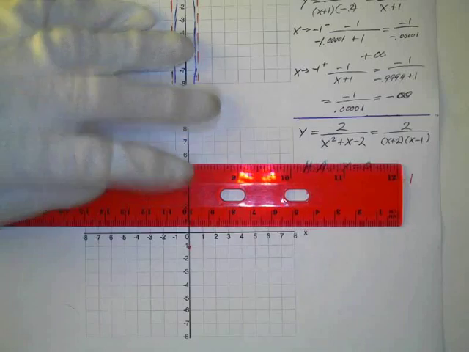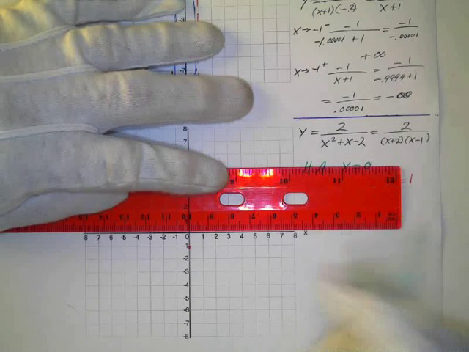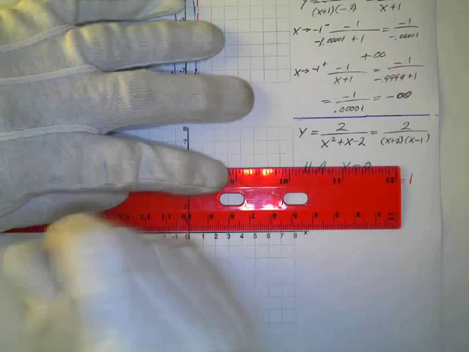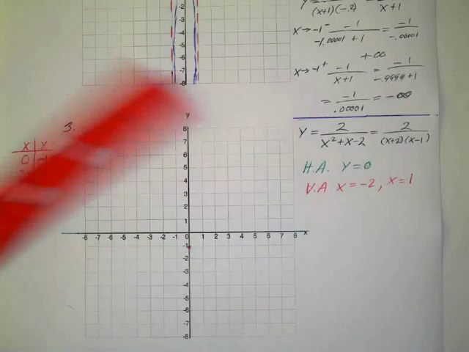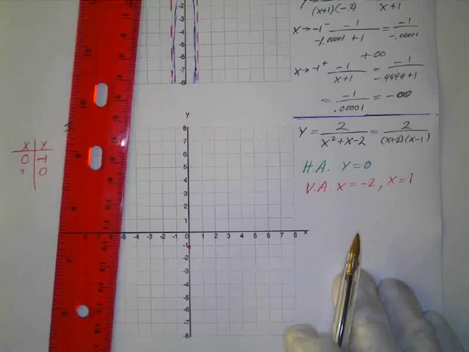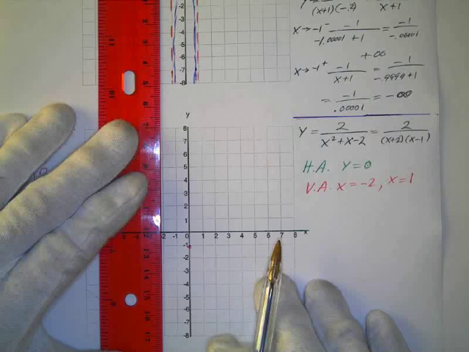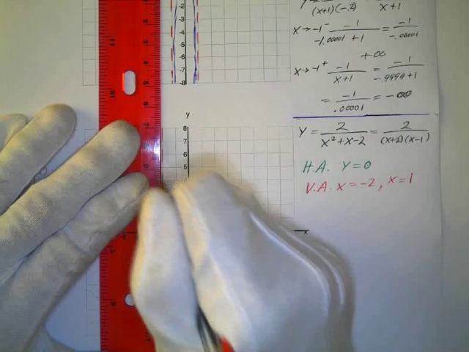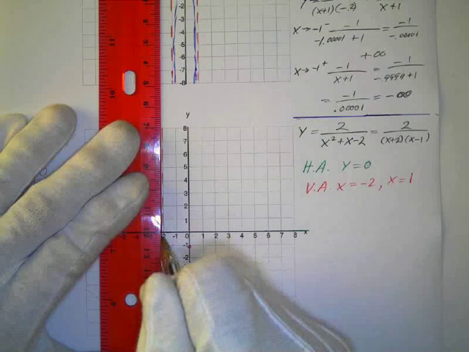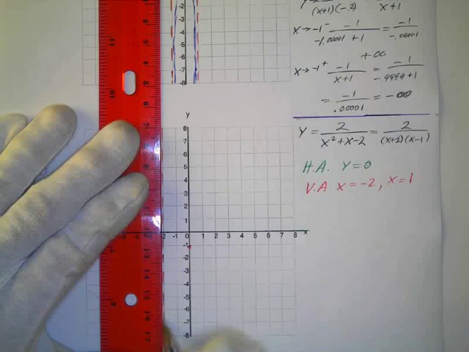So the horizontal asymptote again is this line, y equals 0, and we're approaching that. And then the vertical asymptotes are negative 2 and 1. Now we usually use dashed lines for all the asymptotes, but when the asymptotes are right on the axis, we don't.